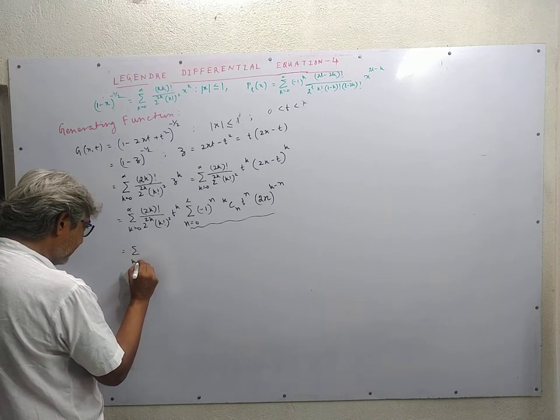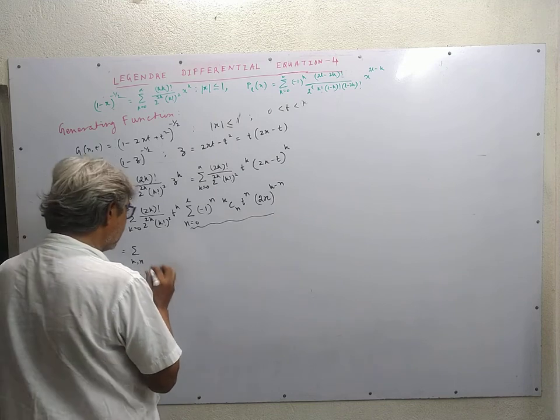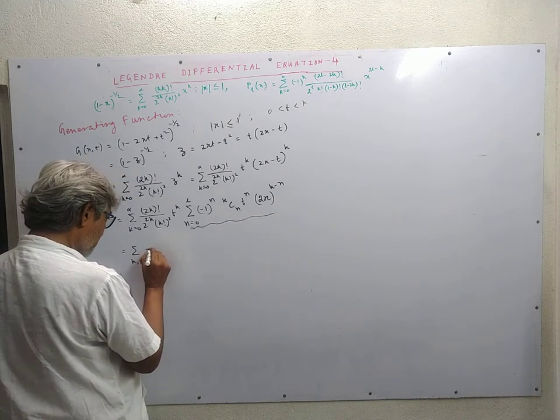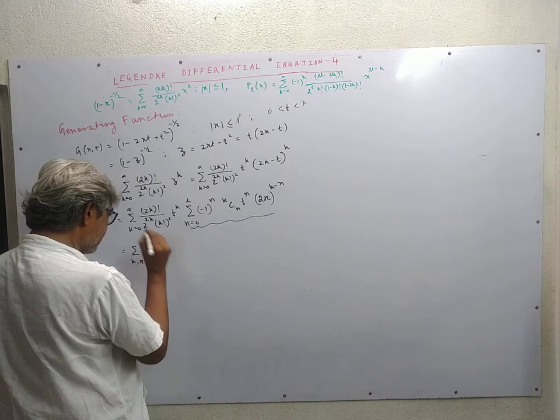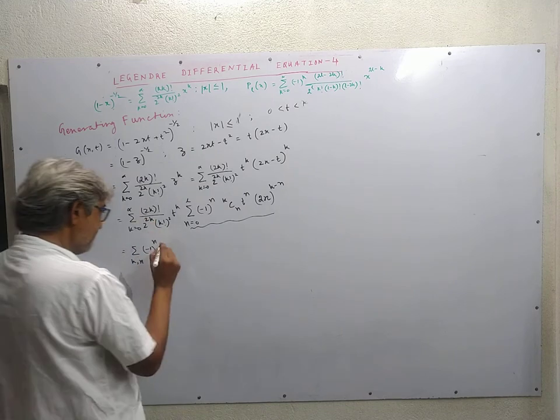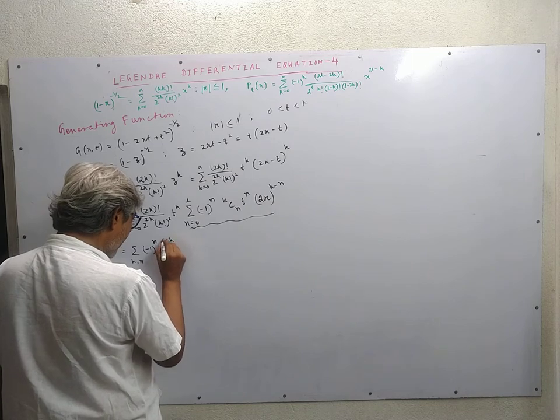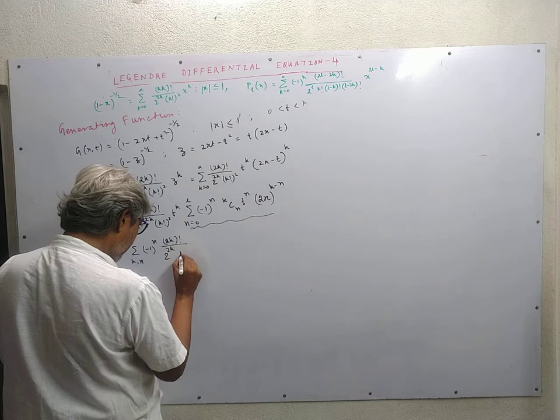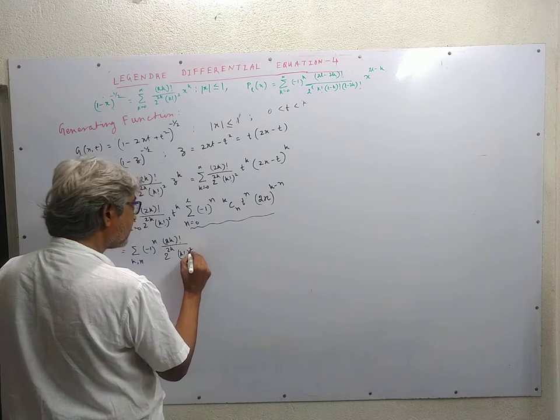Then we combine this. Say k is an infinite sum and n is a finite sum. Now we have minus 1 to the power n, this is (2k)! over 2 to the power 2k (k!) squared.